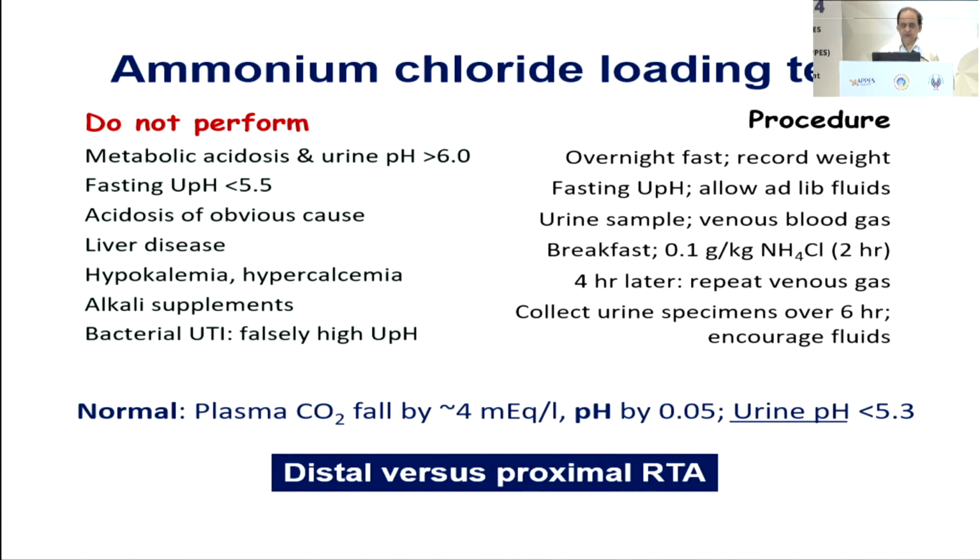You can use ammonium chloride, you can at times use calcium chloride, but ammonium chloride is more commonly used. Your endpoint is being able to achieve a urine pH of below 5.3. So ideally, when you load a patient, the urine pH should fall below 5.3, and if you reach this pH, the kidney is acidifying normally.